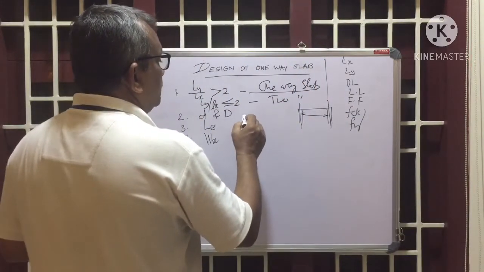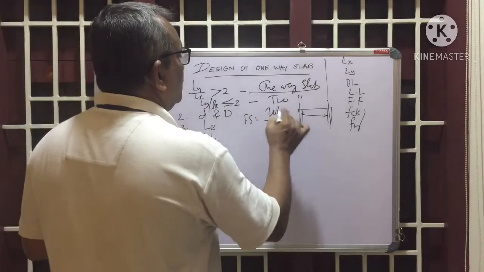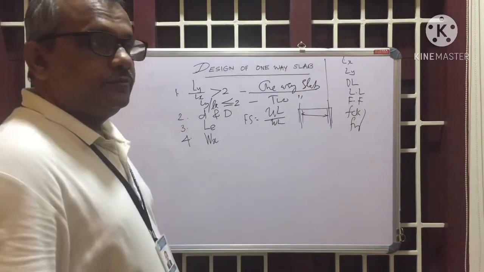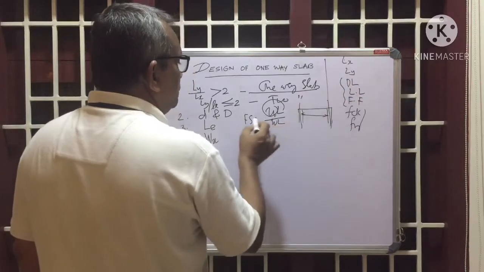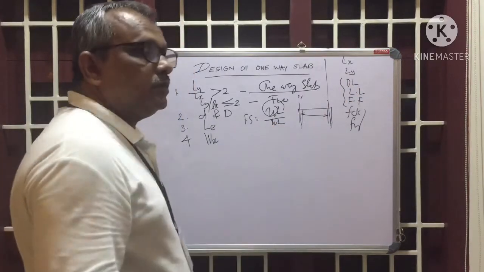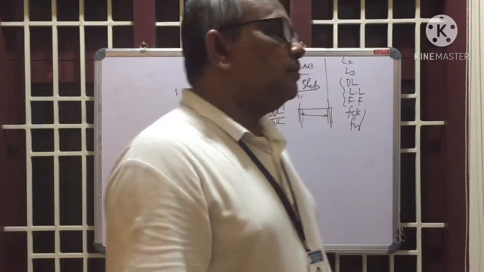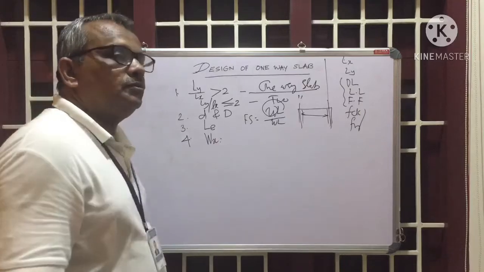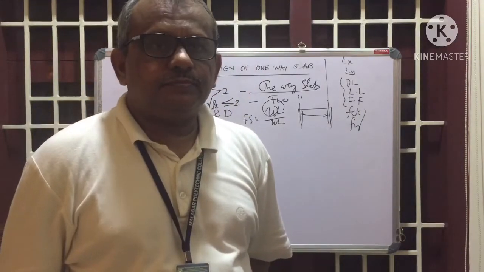You know, partial safety factor, or Fs, is equal to ultimate load divided by working load. So to get the ultimate load, multiply the sum of these loads with the factor of safety 1.5. That is the partial safety factor. Multiply with 1.5, find out the ultimate load W, the ultimate load on the slab.